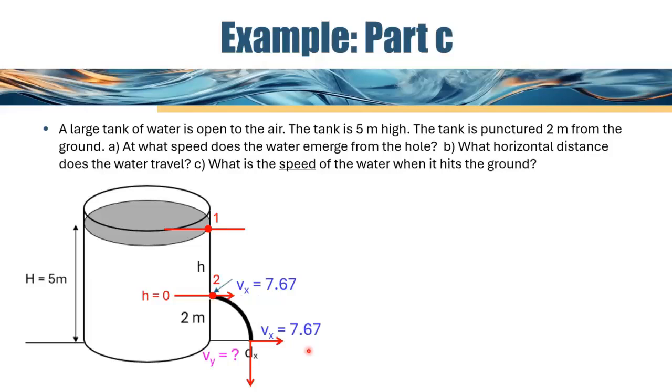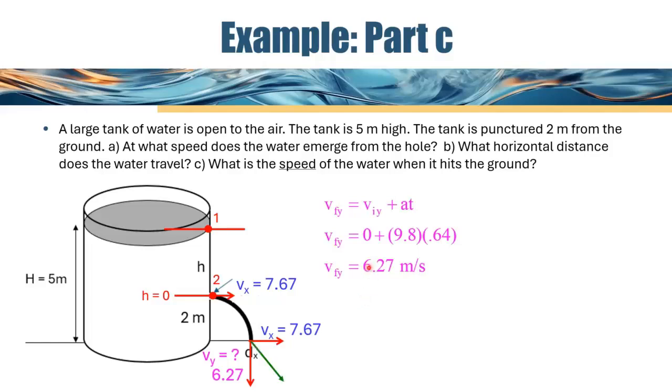So we can calculate that velocity in the y direction with our first acceleration equation. So I wrote down VF equals VI plus AT, and since we're just pretending that it's falling straight down, the initial velocity is going to be 0, and it was in the air for 0.64 seconds times 9.8, so this y component is 6.27 meters per second.